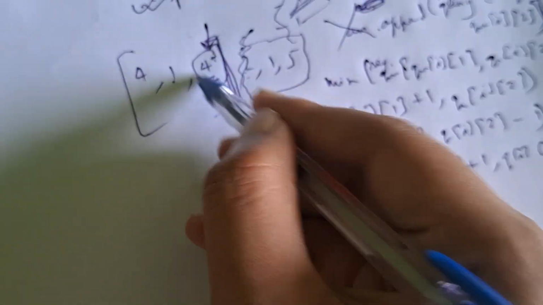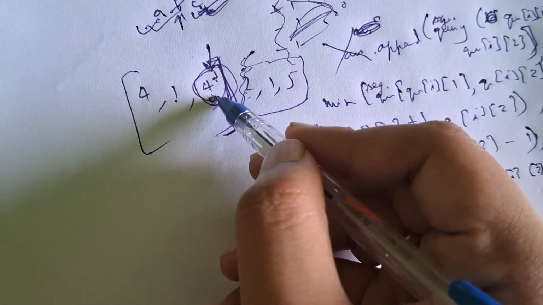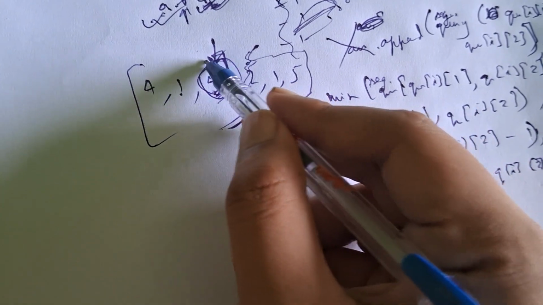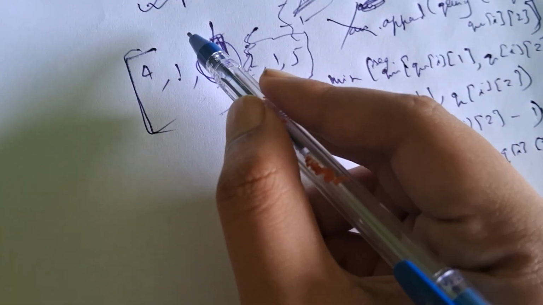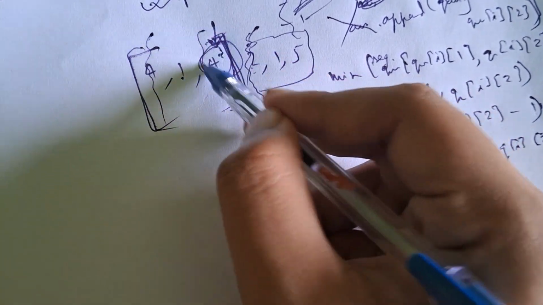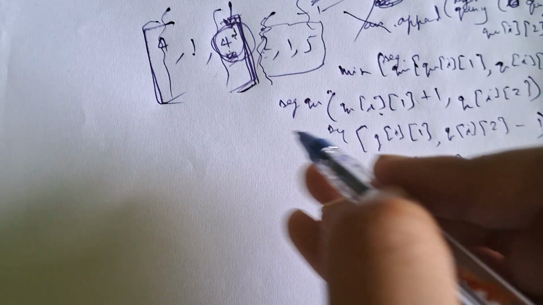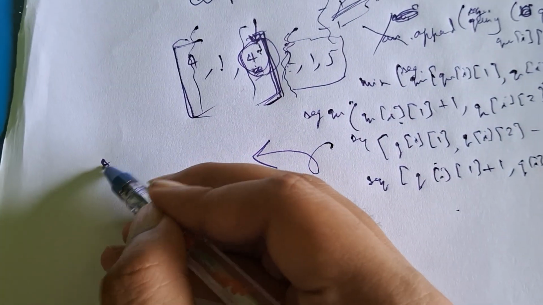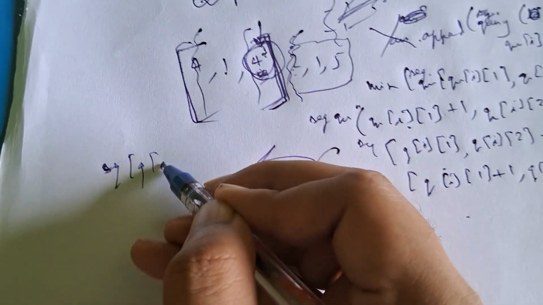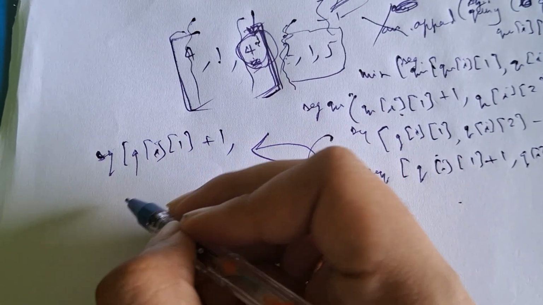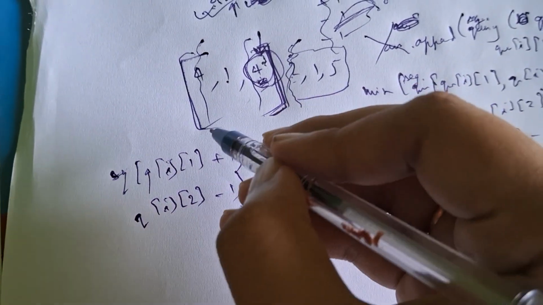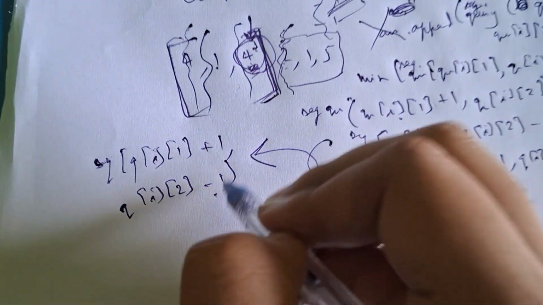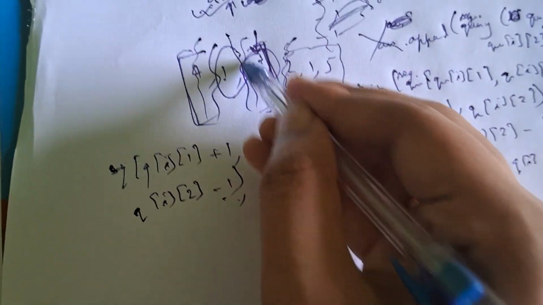Because if this is a 4 and this is already a peak element, whenever you are going to take this into consideration, you can't take this element and this element. So a more modified version of this will be just segment query of I1 plus 1 and I2 minus 1, because you're not going to consider this, so from plus 1 and this minus 1, you're going to consider only 1.